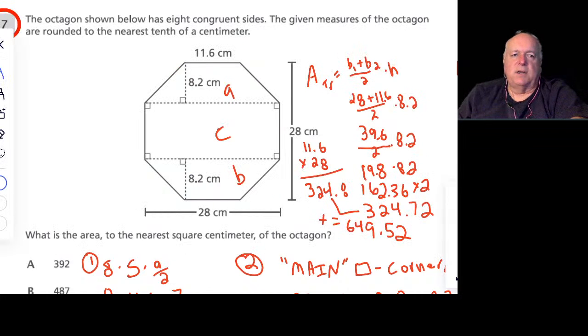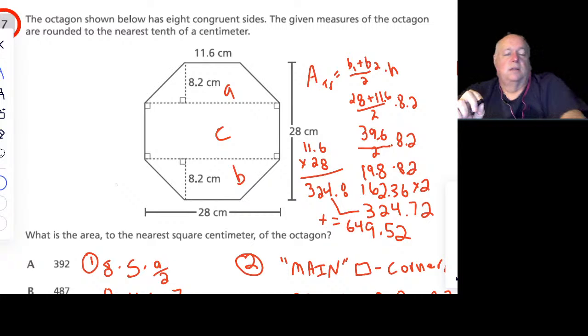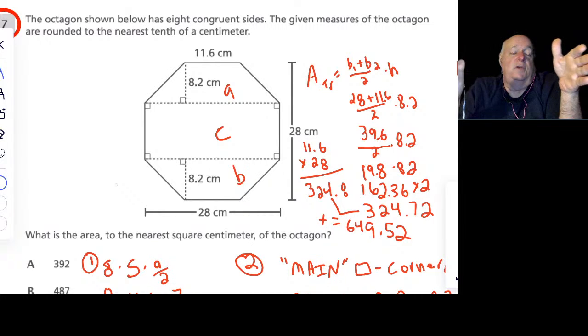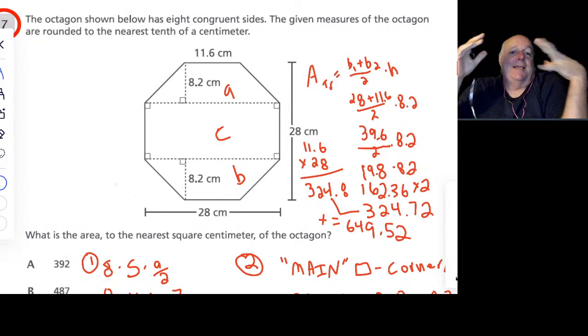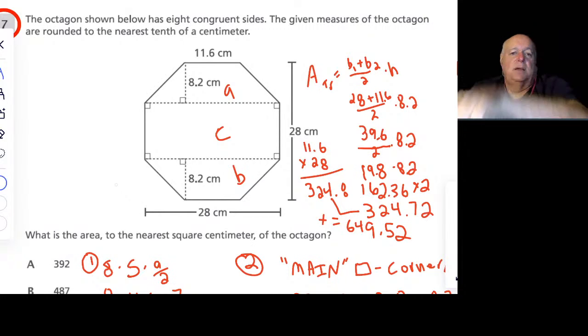I've actually pre-solved it on the screen. So let's just back up a second and look at the problem. We have an octagon on the screen, and we're going to start out by looking at the illustration. The height and width, if you will, of the whole octagon, as if it was a rectangle, is 28 on both sides.